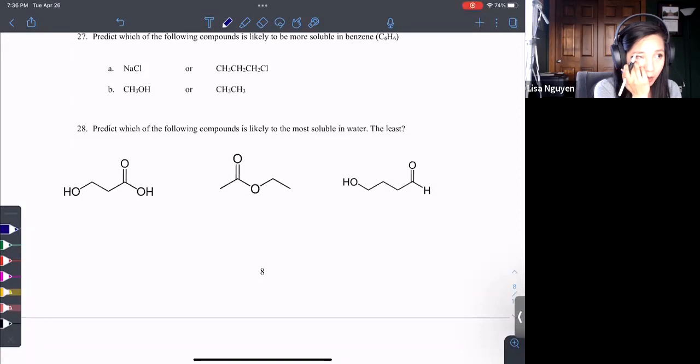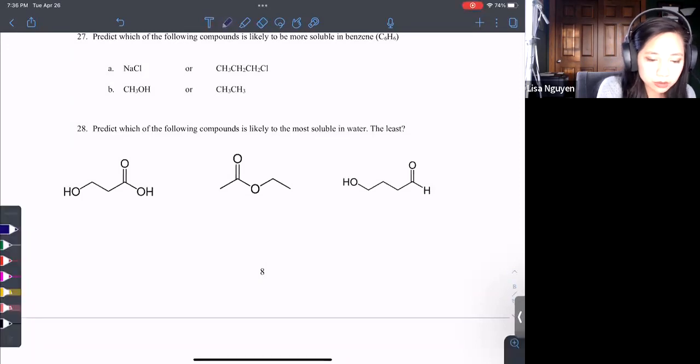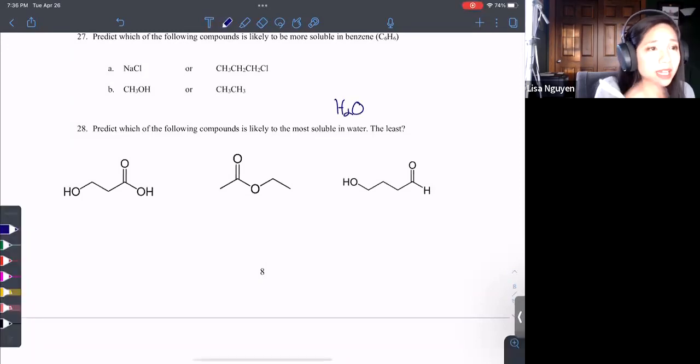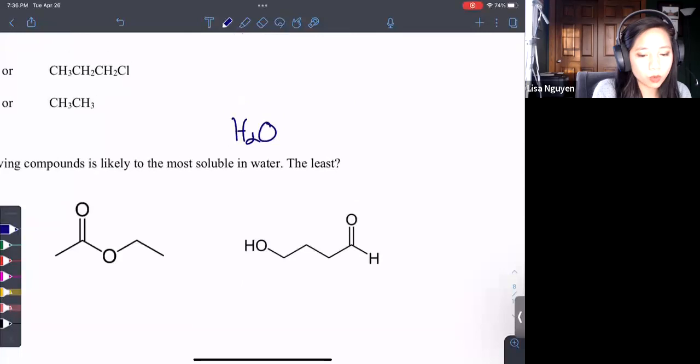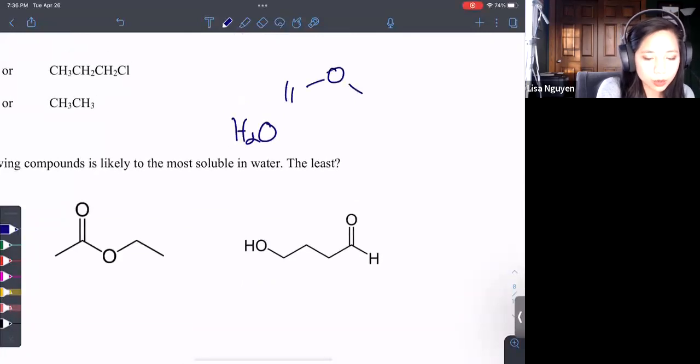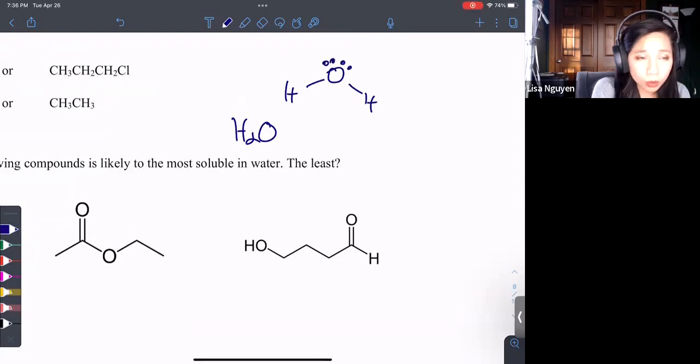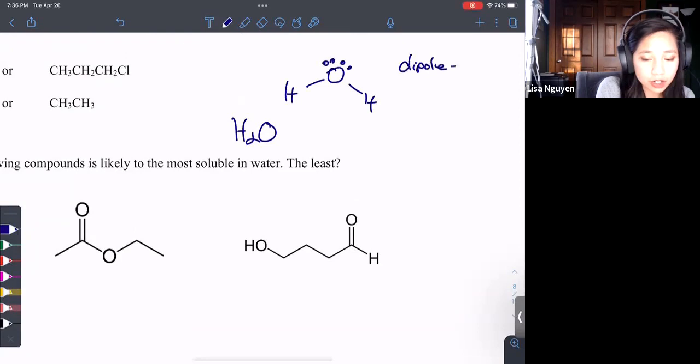Which of these compounds are most likely to be soluble in water? So recall water, H2O. If we looked at its Lewis structure, we already drew this today. Water is polar. It can participate in dipole-dipole interactions, but it can also participate in hydrogen bonding.